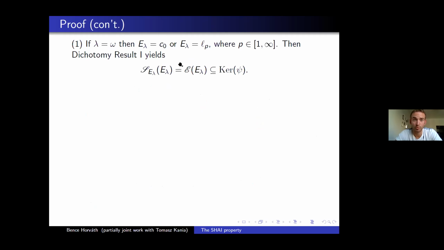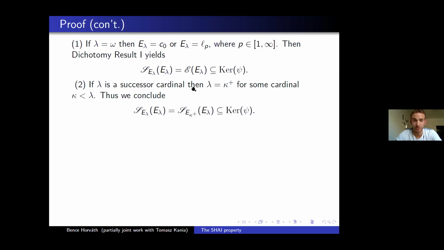And then we know by the first dichotomy result that the strictly singular operators must be contained in the kernel. And I haven't written it there yet, but actually, on all these Banach spaces, the inessential operators, the strictly singular operators, and the E singular operators are the same. So we have this containment.